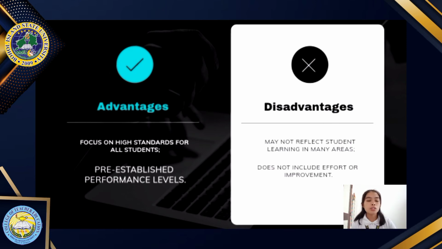The advantages of standard-based grading is it focuses on high standards for all students, and it has a pre-established performance level, because when clear learning goals or standards are established, standard-based grading offers meaningful information about students' achievement and performance to students, parents, and to others.